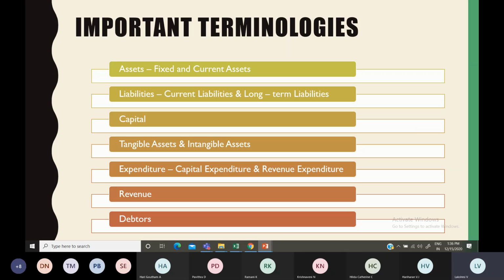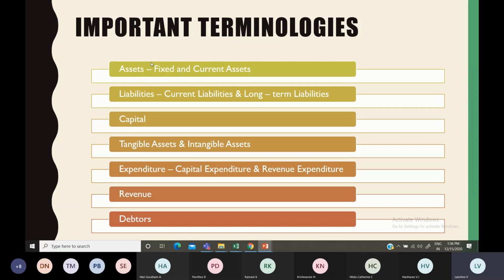And debtors; let me explain in detail while coming to it what is meant by debtors. Then bills receivable, and stock or the inventory that is yet to be sold. You have produced the product and you are keeping it in your warehouse, godown, or factory. That can also be considered as current assets.